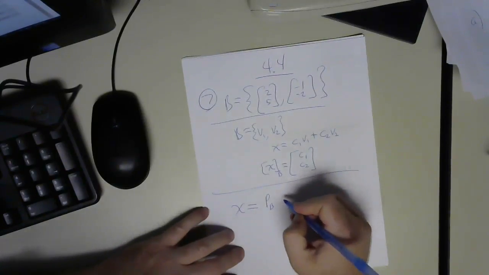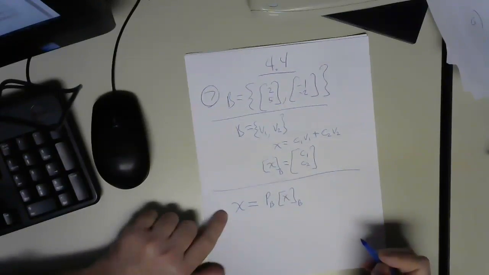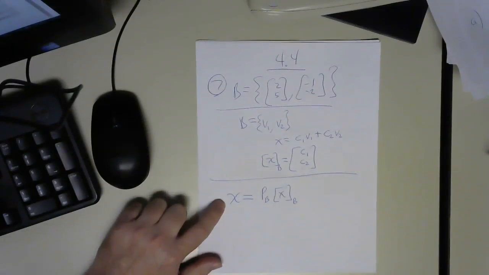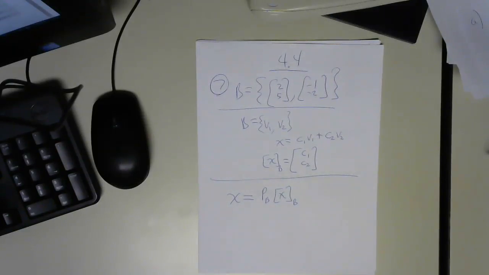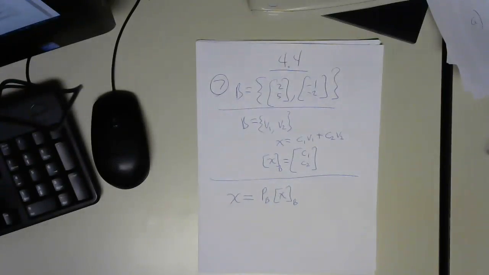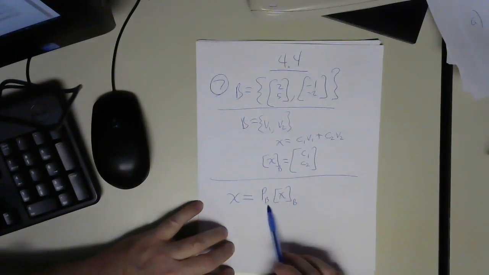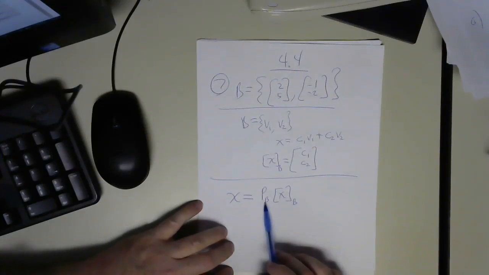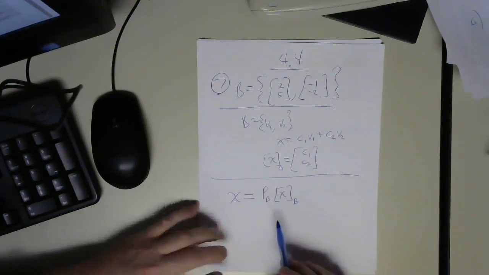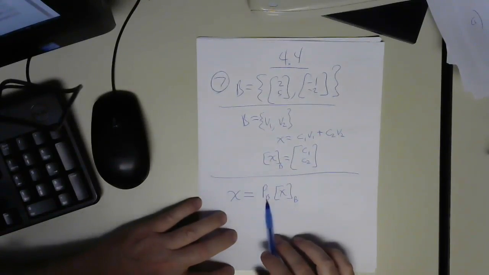Whenever you go from the coordinate vector of x with respect to basis B to a representation of that vector with respect to the regular unit vectors in Rn, you have to multiply that coordinate vector by some matrix. And that matrix is called the change of coordinates matrix. All right. And it really just consists of columns that are the basis elements of B.